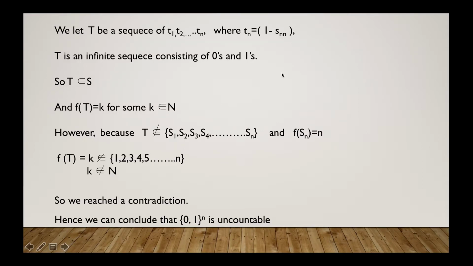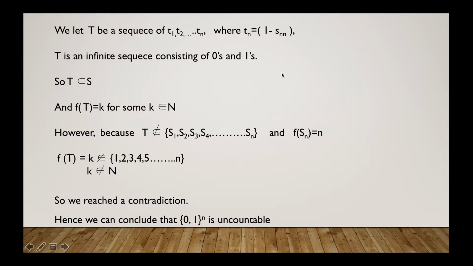Then we want to construct a sequence T that is not in this range. We let T be a sequence T1, T2, to Tn, where Tn is equal to 1 minus S sub nn.